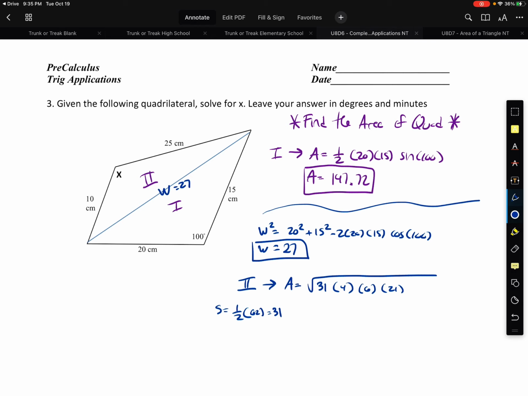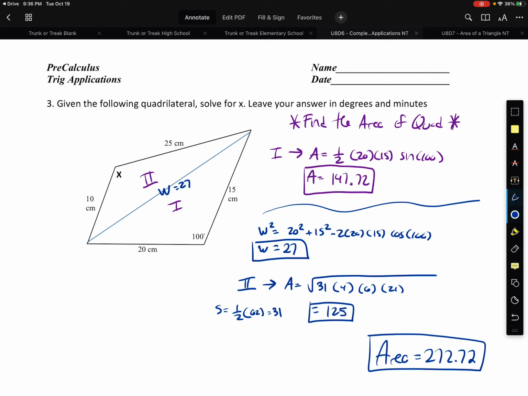That equals 124.99. I was going to call it 125. So the overall area of the entire quadrilateral, 125 plus 147.72, is 272.72. I know it didn't ask for that, but I wanted to do it anyway.